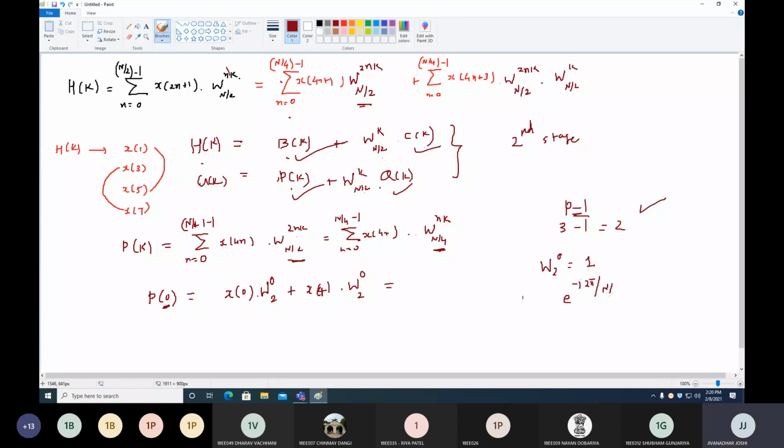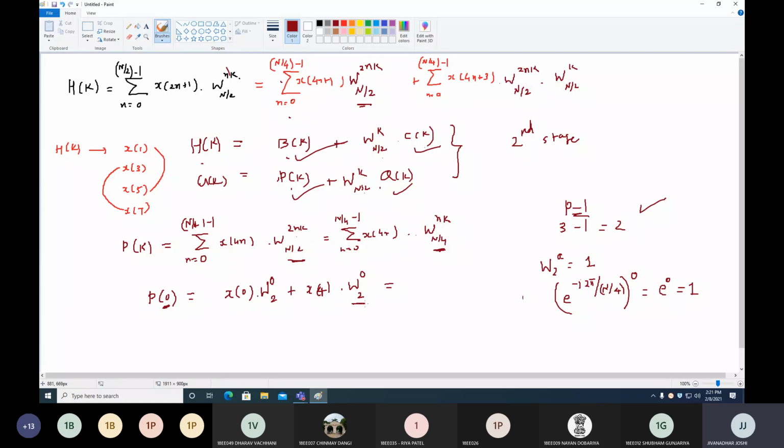N by 4 is 2. That's why n by 4 is in the denominator. Raised to how much is the kn? 0. So it is e raised to 0. That's why this is equal to 1.